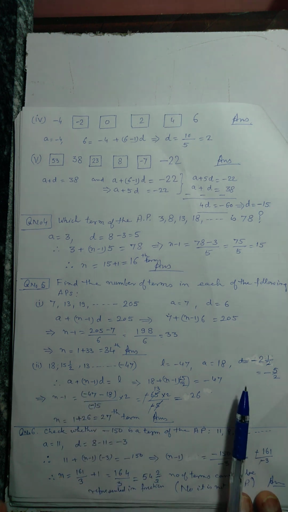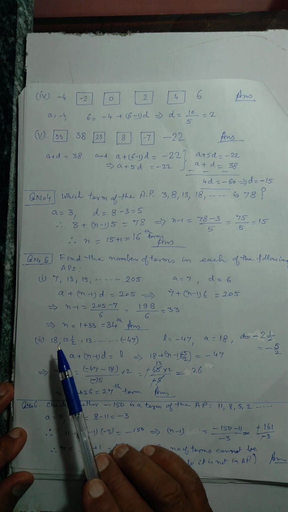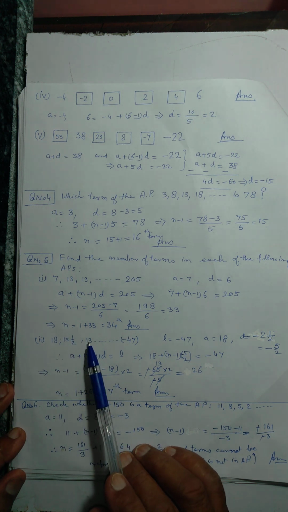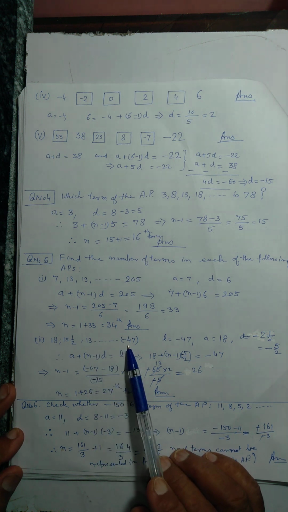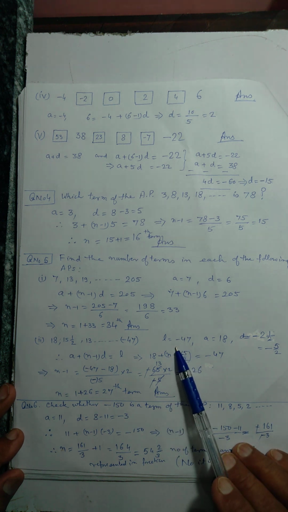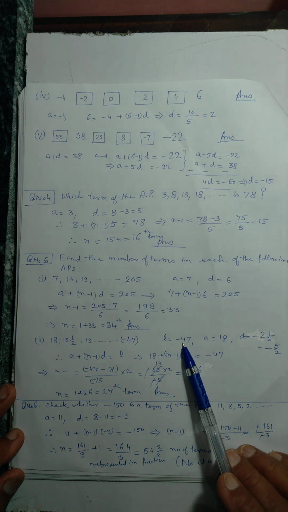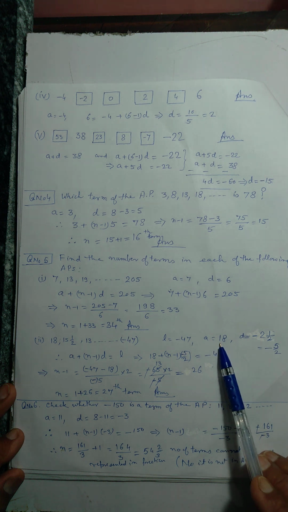Now the second part: the arithmetic progression is given, that is 18, 15 and 1 by 2, 13 and so on, ultimately minus 47 is given. So the last term is given, that is minus 47, and A, that is the first term, is 18.